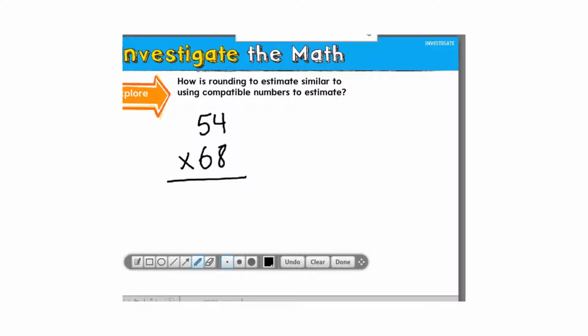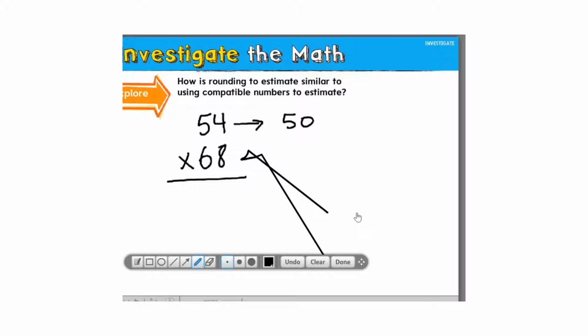Okay, watch this. Don't erase your board yet. Just watch, because I want you to see if you get the right answer. We're going to change 54 down to 50, because if I'm thinking of rounding, because the second number is a 4, I'm going to go towards the lower end. If it's 5 or more, you're going to go up to the next one. And now 68, oops.